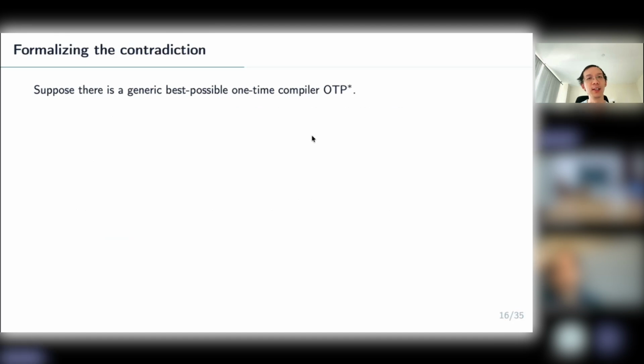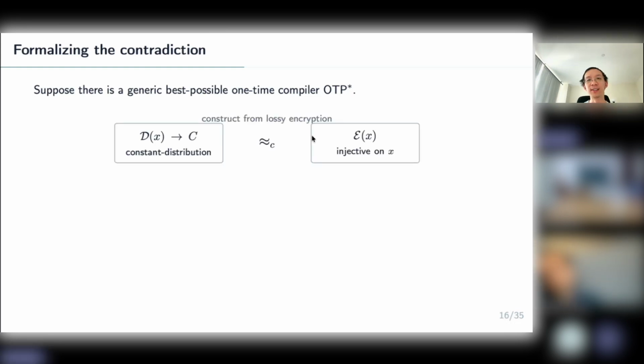Okay, so here's how we write down a little more formally how you do this impossibility. Suppose there is a generic best possible one-time compiler OTP star, and again, for now let's just think of it as achieving the ideal one-time security when it's possible for the functionality. Otherwise, I don't really care. From lossy encryption, we can construct two classes of functionality.